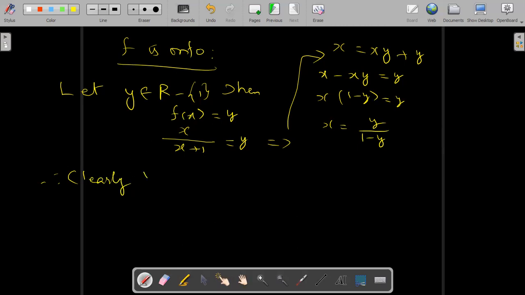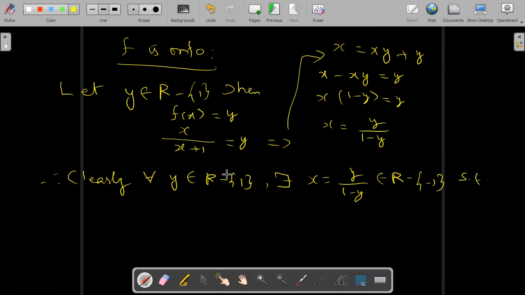For all y belonging to the codomain there exists, this is the symbol for there exists, x is equal to y upon 1 minus y belonging to the domain R minus {minus 1}, such that f(x) is equal to y.